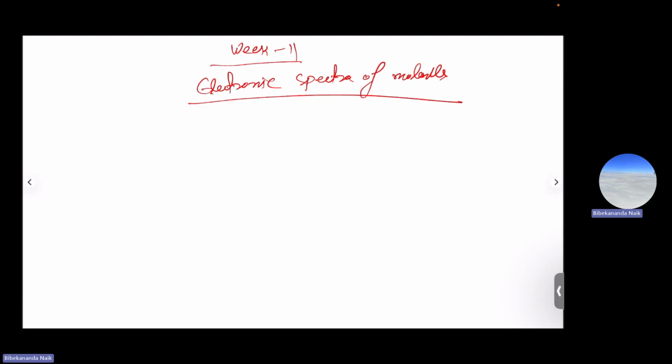In the previous 2 weeks we discussed the different types of spectra which can be exhibited by molecules, like rotational and vibrational.